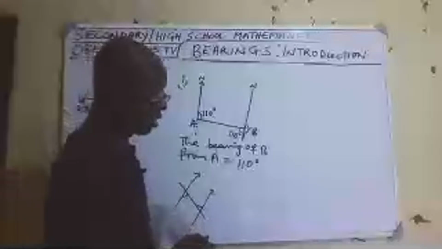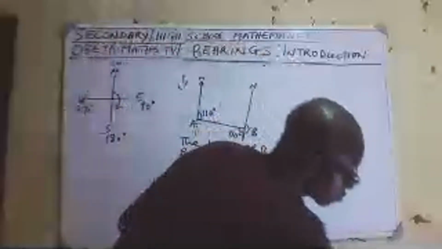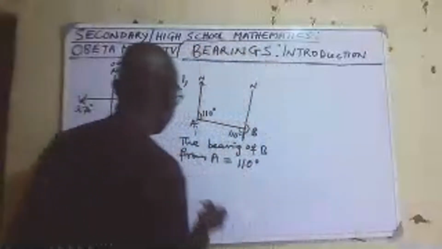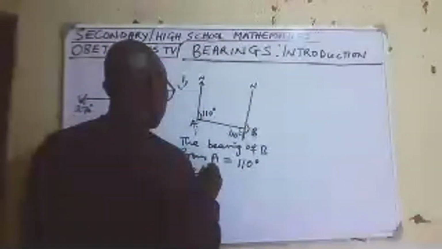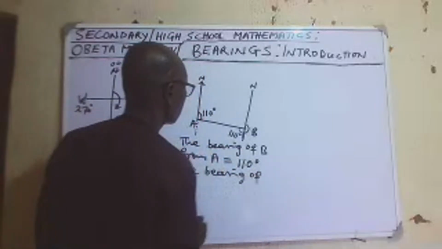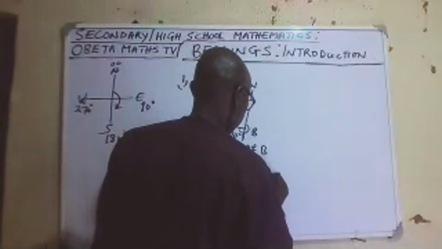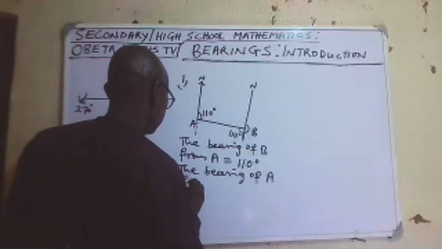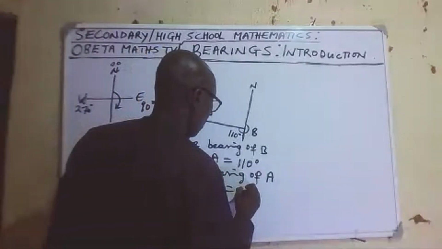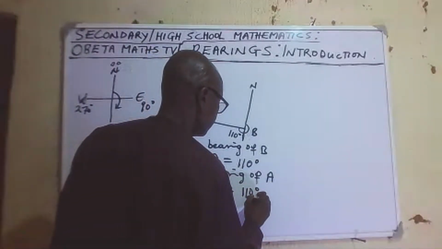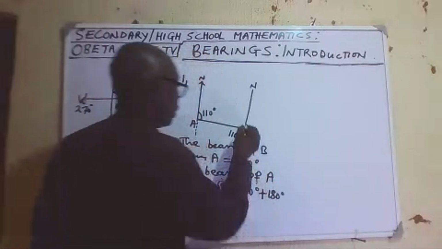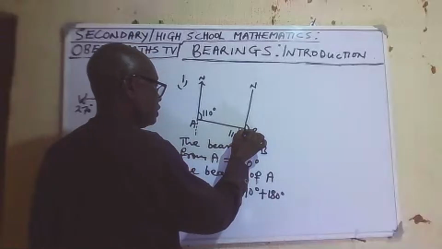And that means you can say that the bearing of A from B is equal to 110 degrees plus 180 degrees, because the whole of this is 180 to this line.